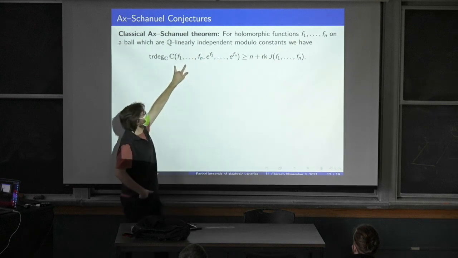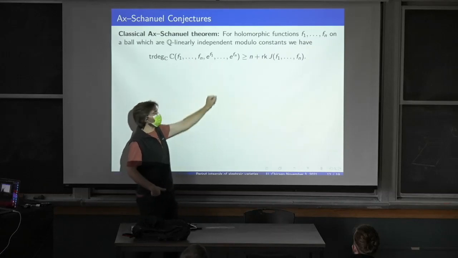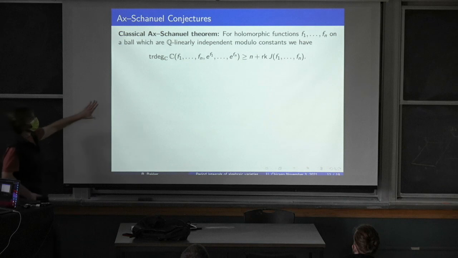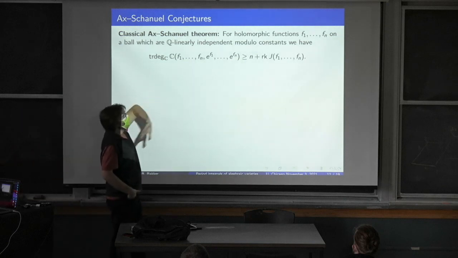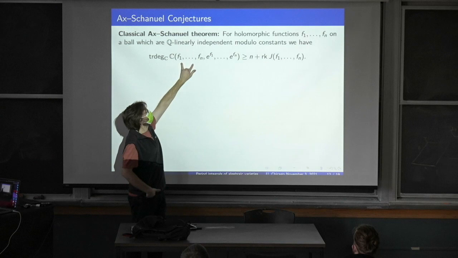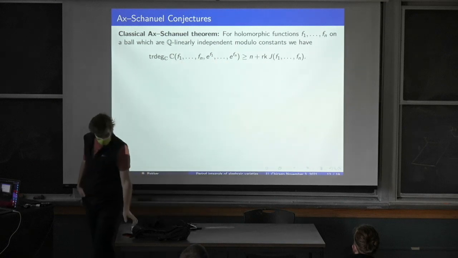Okay, so that's the one type of algebraic relation that these two could possibly have, and we want to rule that out. And this theorem is basically saying that aside from those, there can be no interaction between algebraic relations between the fi's and algebraic relations between their exponentials.